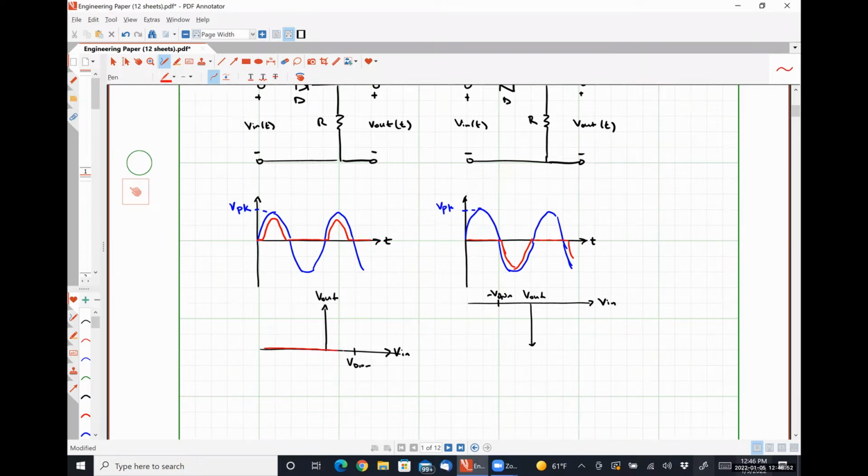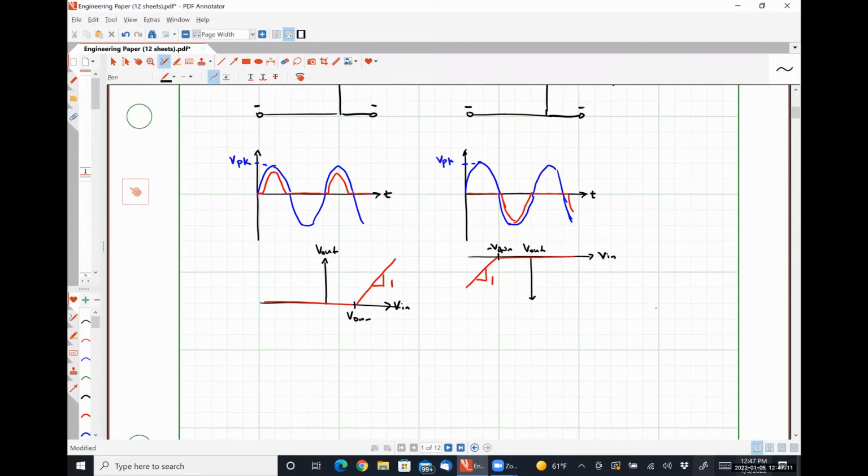We would have something like this, where this slope is exactly 1. And in this case, it would look something like this, where again, this slope is exactly positive 1.